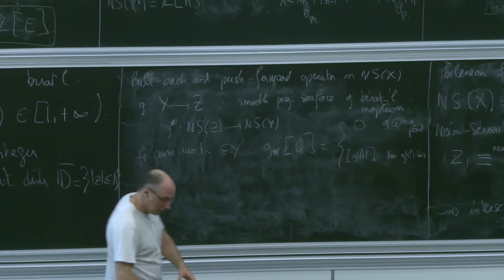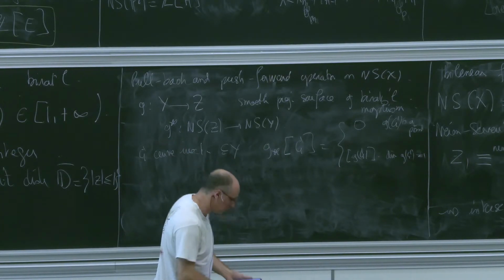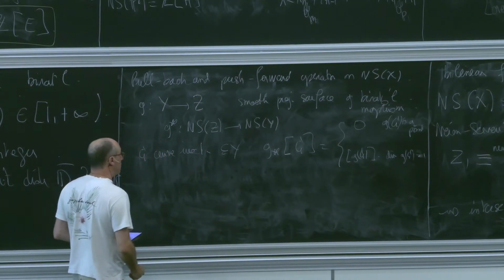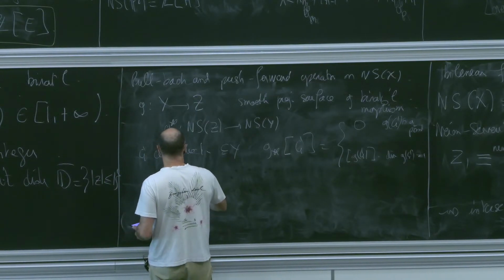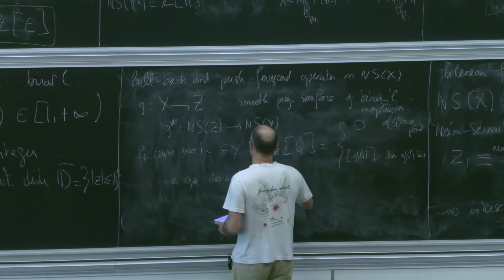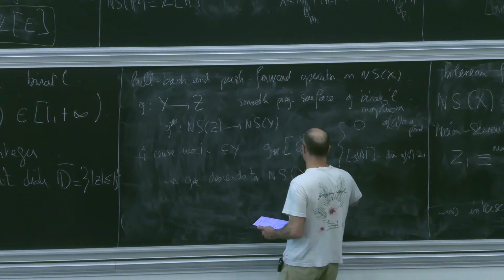The claim is that this is a map at the level of divisors, and this push-forward operator descends to the Néron-Severi space of Z.